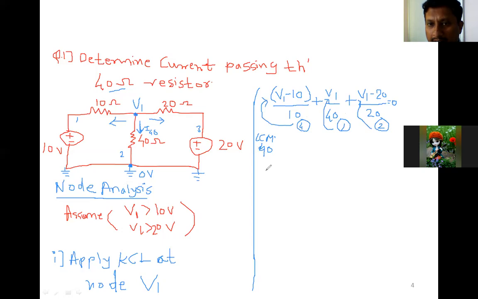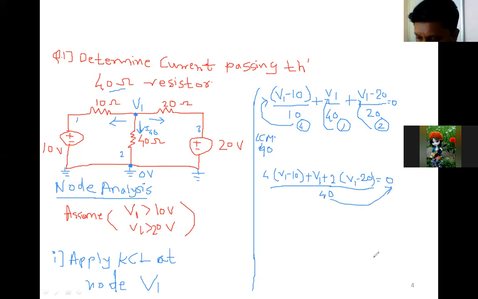So 4 into this bracket, 4 into V1 minus 10. Next, plus as it is, 1 into V1, that is only V1. Next, plus 2 into V1 minus 20, all divided by 40. The right hand side is 0, so when the 40 multiplies with this 0, it gives us 0 here.